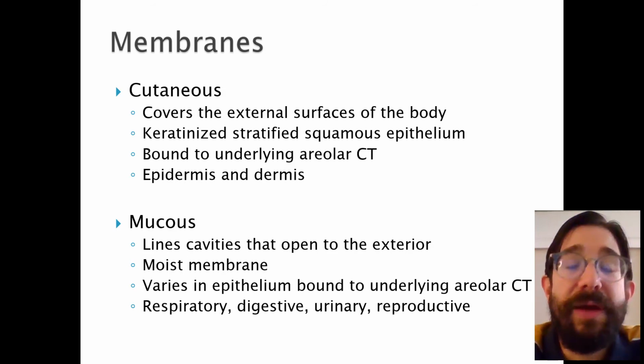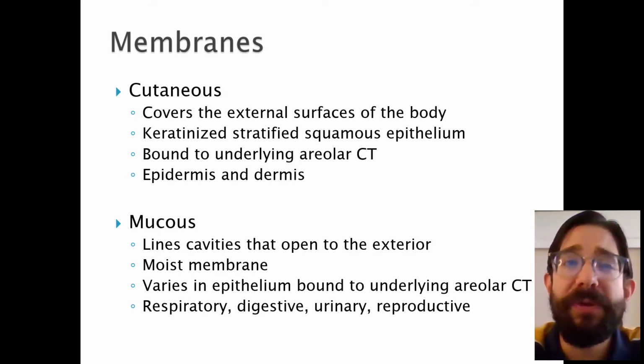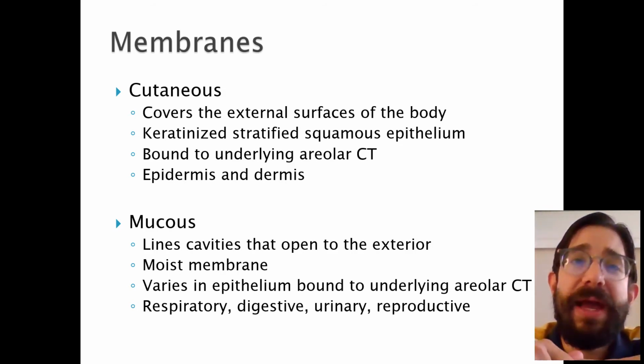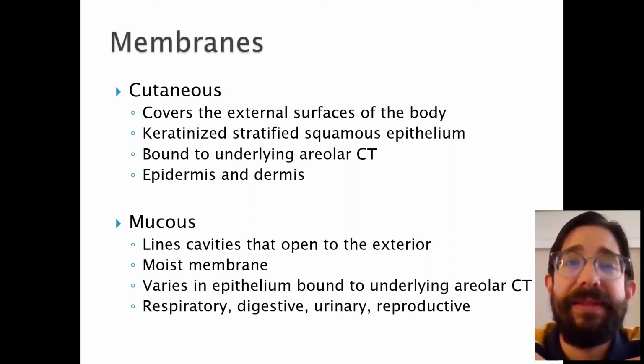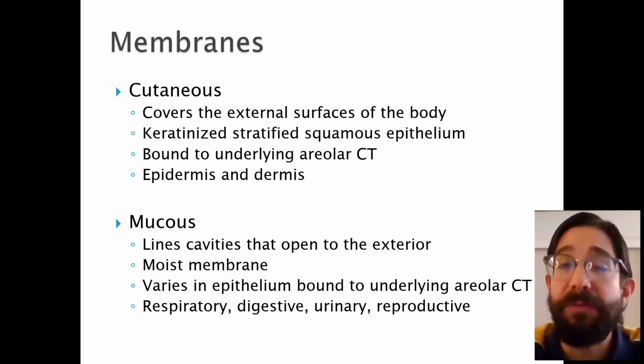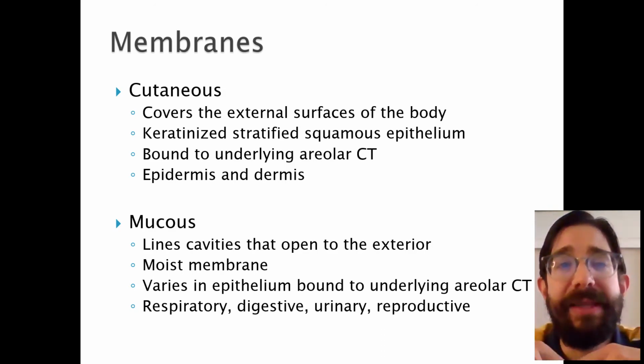And you have openings in your body for your airway, so like your nostrils and nasal cavity. That's part of your respiratory system. That has a mucous membrane. Your digestive tract, like your oral cavity and esophagus and your anus, has a mucous membrane. Your urinary system, like your urethra, urine will come out, but bacteria will try to get in there too.